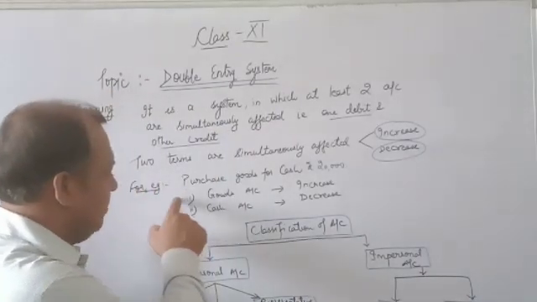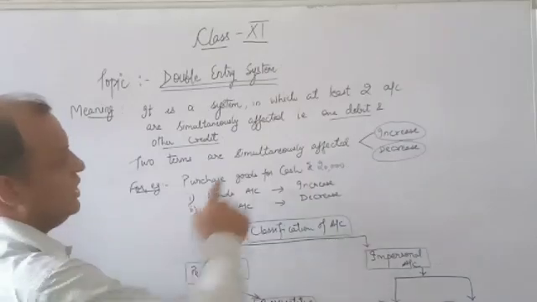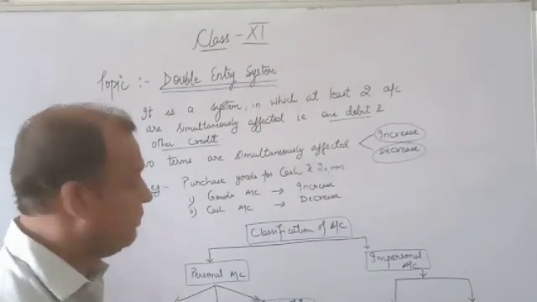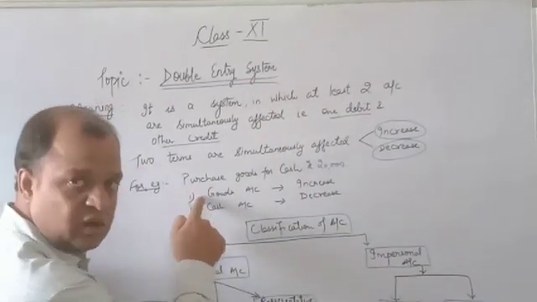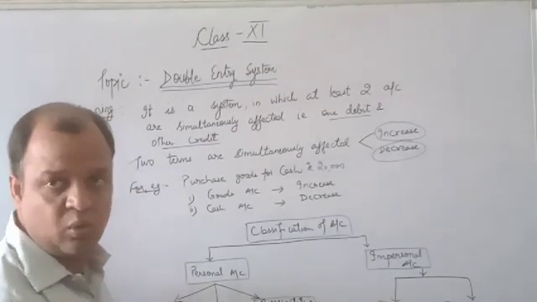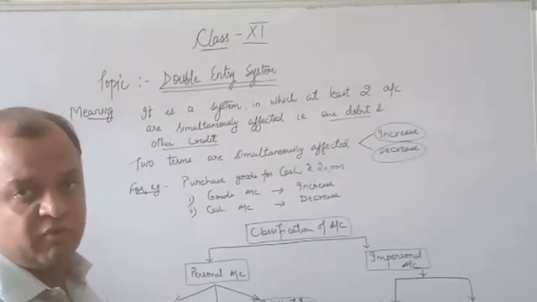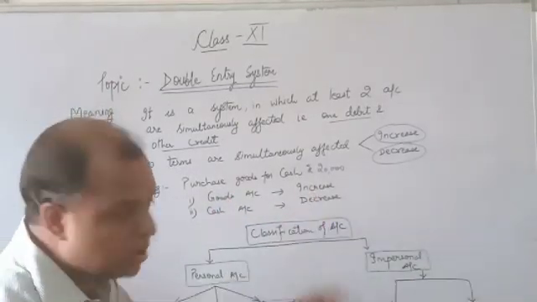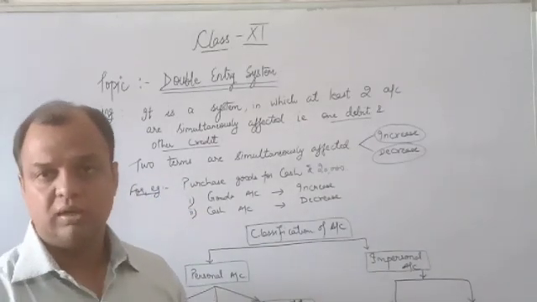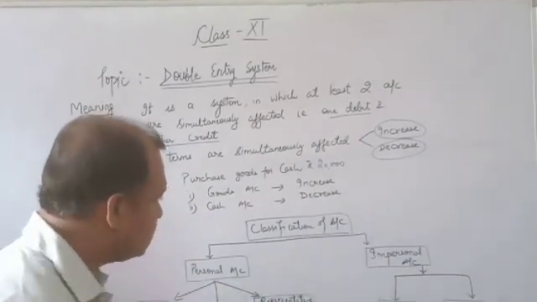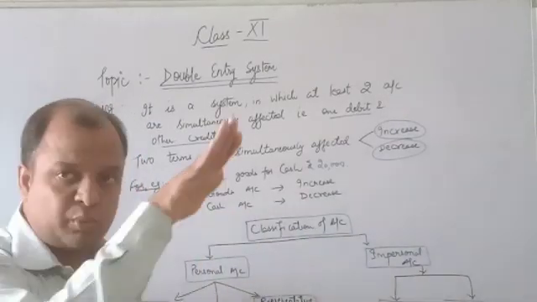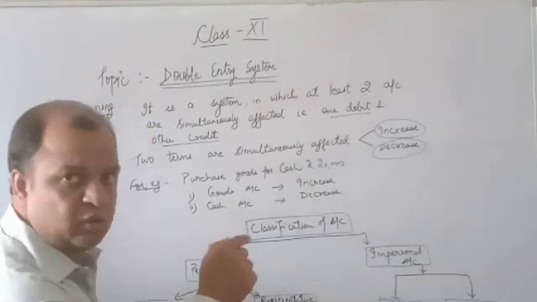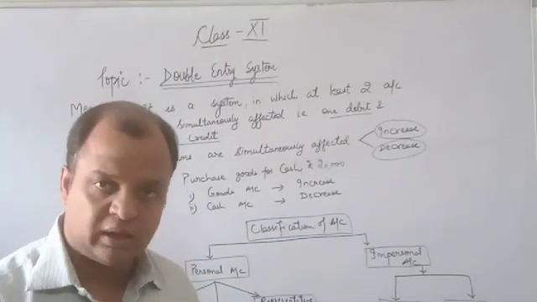How? Minimum two accounts are affected, which I have written here, at least two accounts. The two accounts affected in this statement are, first, the goods account, and second, the cash account. What is the impact on the goods account? When the goods are purchased, goods worth rupees 20,000 will increase in your business, whereas out of the total cash of the business, cash of rupees 20,000 will simultaneously decrease.